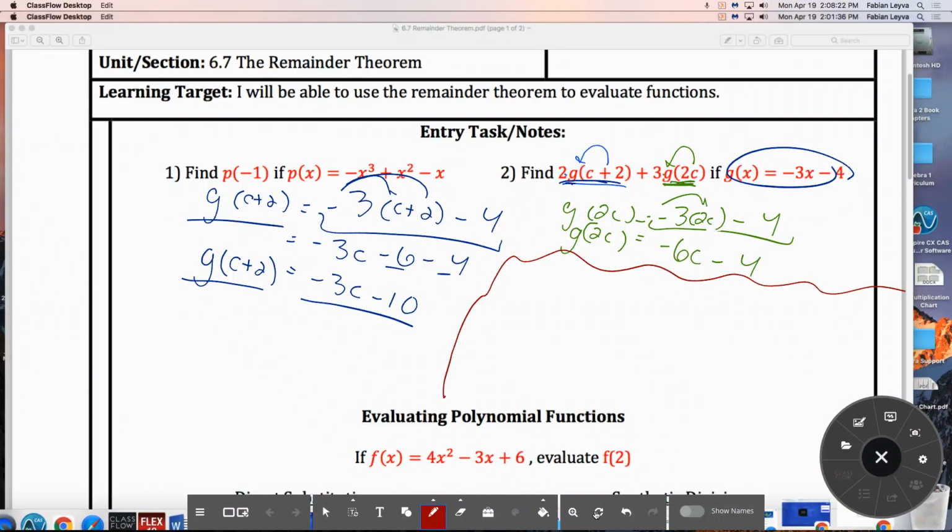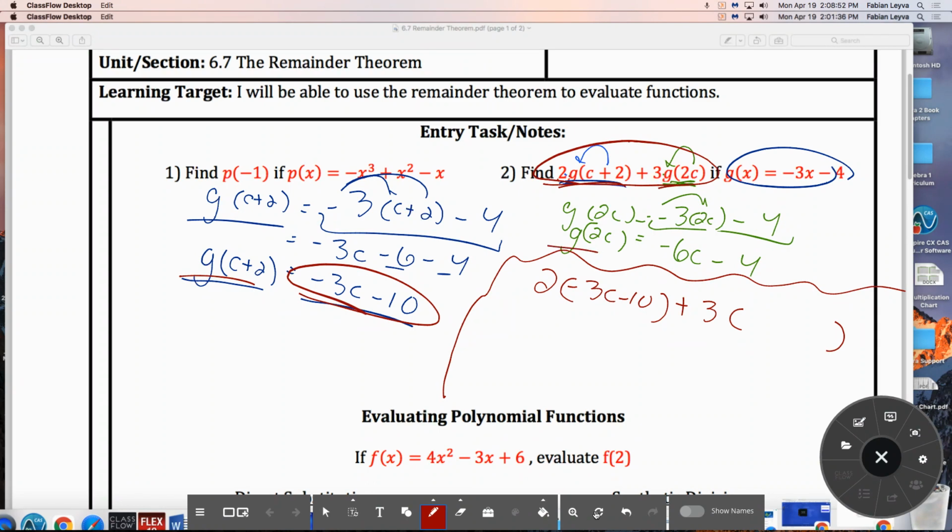If you can look at the original problem that we had here and understand that you have to find the blue, you have to find the green, and you know how to do it, the rest of it is straightforward. Because this is 2 times, remember I like to show times with parentheses, whatever g of c plus 2 is. Now what is it? Negative 3c minus 10. And then you're going to add it to 3 times whatever g of 2c is, which is the green.